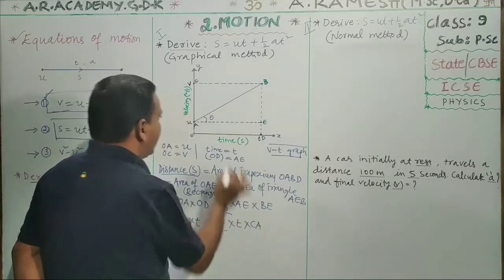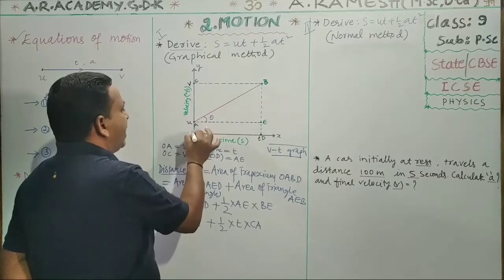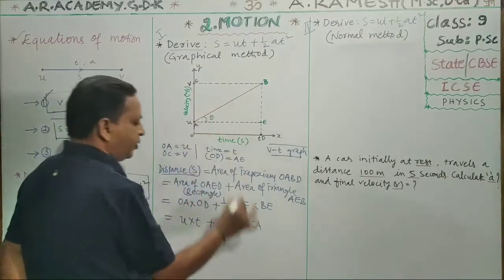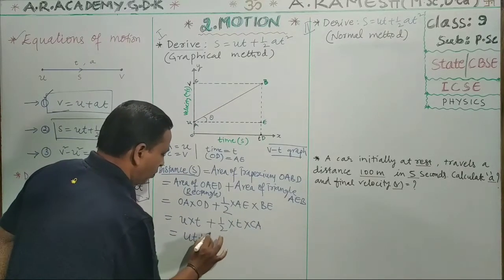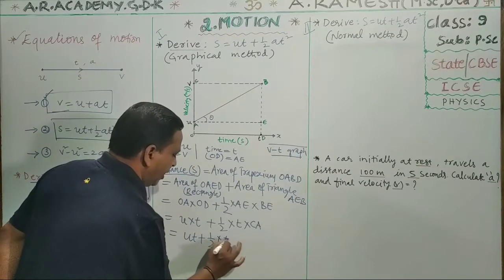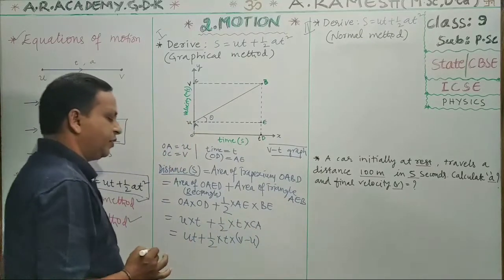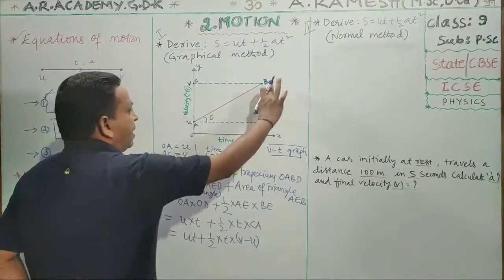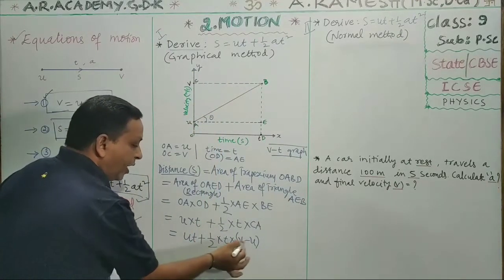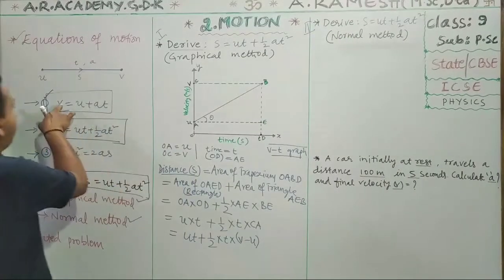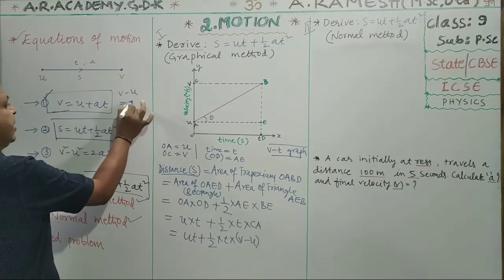BE is nothing but CA. Here CA is nothing but OC minus OA. Yesterday we studied this is V minus U actually. CA is nothing but V minus U. According to the first formula V equal to U plus AT, V minus U is nothing but AT, children.